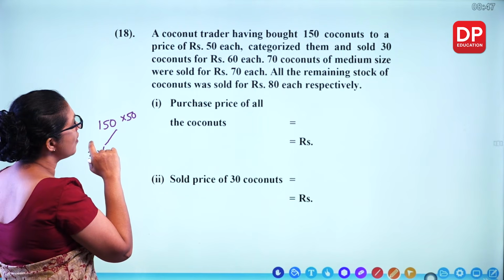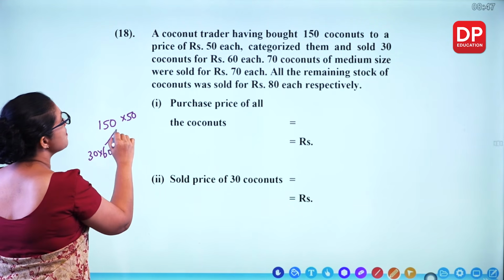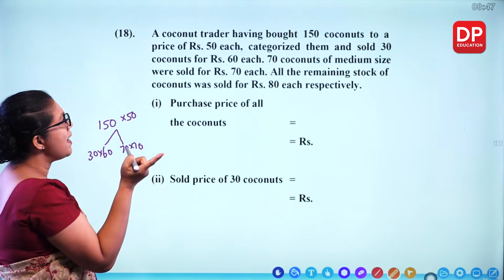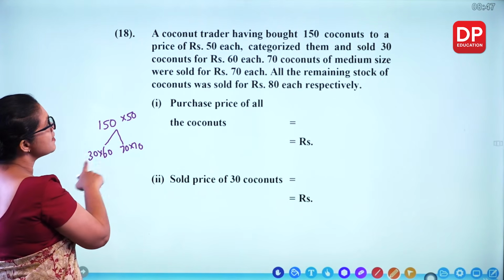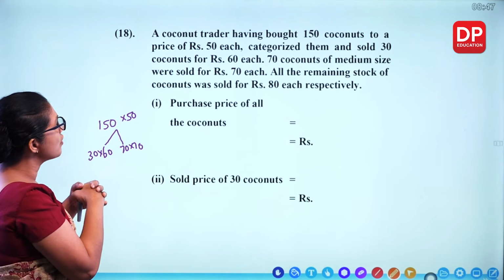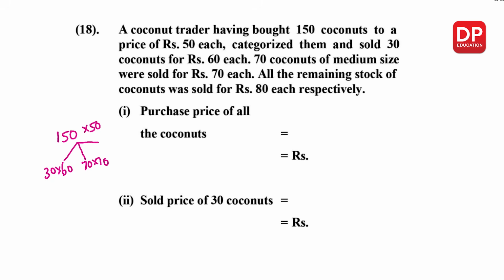And 70 coconuts of medium size with 70 each. And the remaining stock. Now, what's the remaining part? 70 here, 30, 100 is there, altogether 150. So, another 50 for 80 rupees.